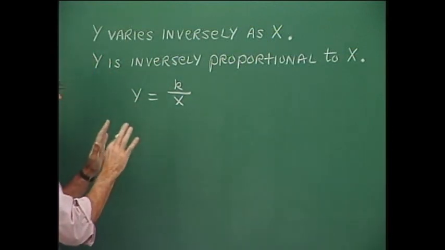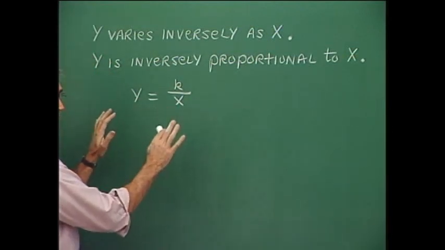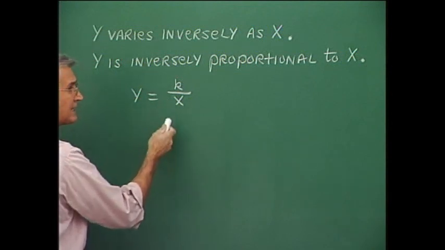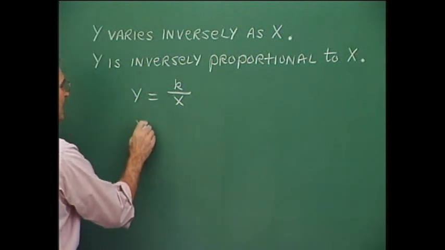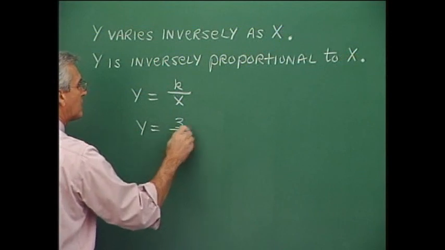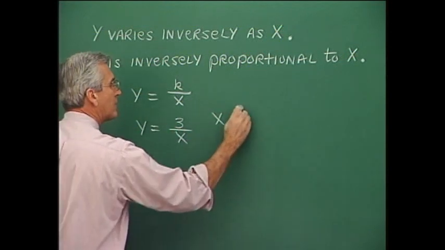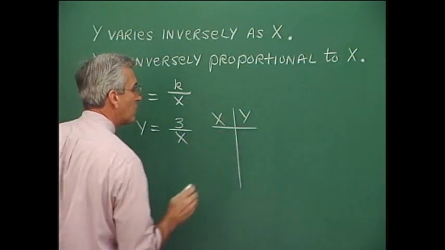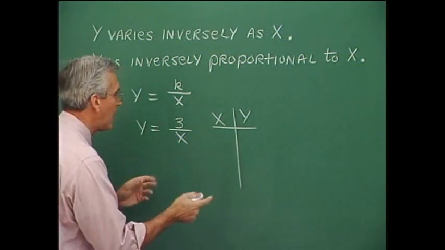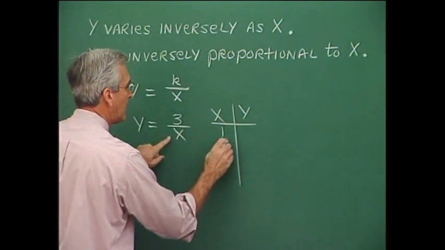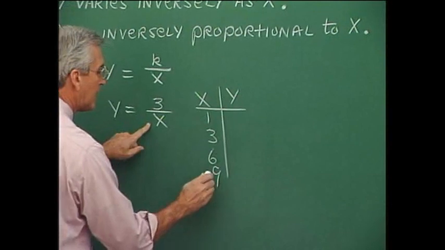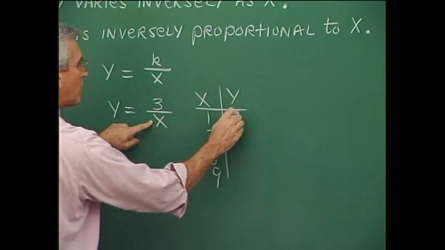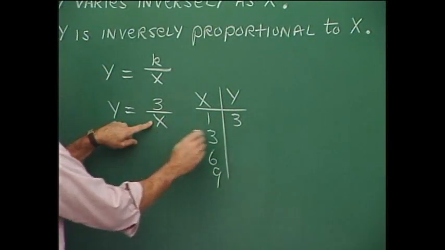Now we can get an idea for how these variables change with one another a little bit by letting k take on a specific value. If k takes on the value like, let's say 3, then we might set up a table of values for x and y and make a few observations. Let's let x take on values 1, 3, 6, and 9. Now, if x is 1, we have 3 over 1, 3. If x is 3, we have 3 over 3, 1.